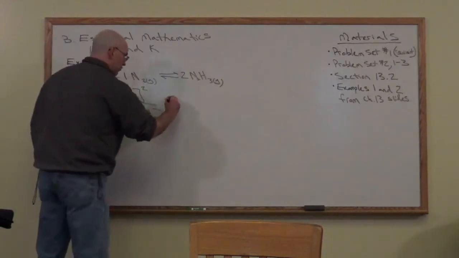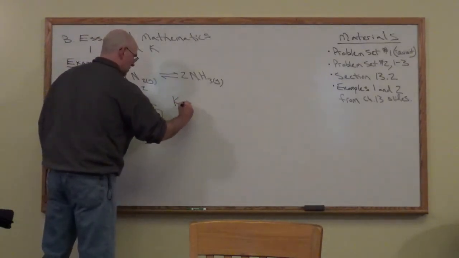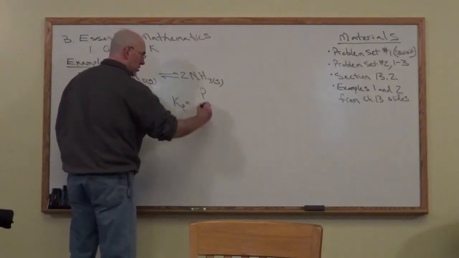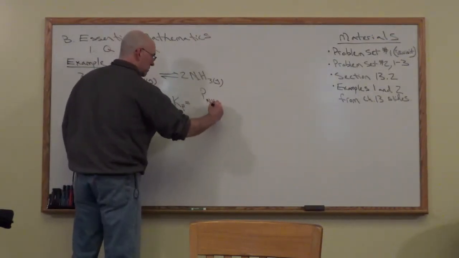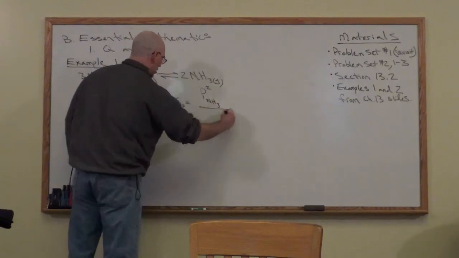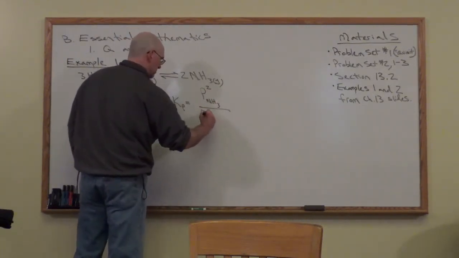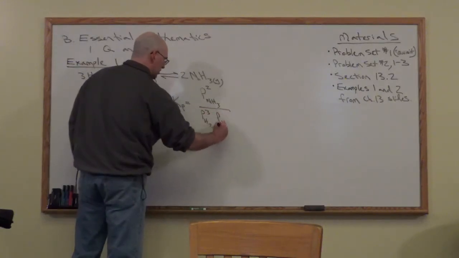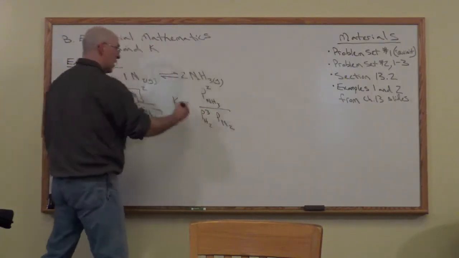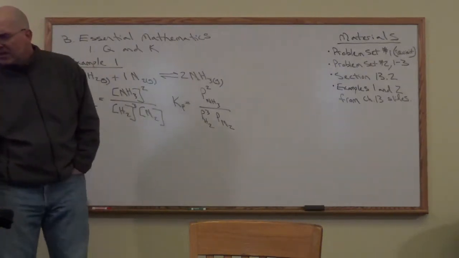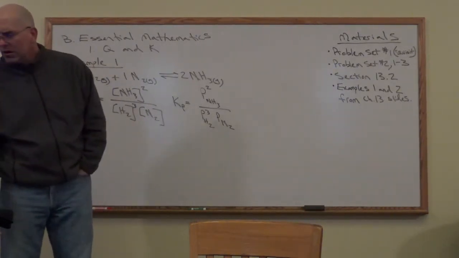We could also use pressures. So it would be the partial pressure of ammonia squared over the partial pressure of hydrogen cubed and the partial pressure of nitrogen. So either one of those would work. And in this problem, you're given the value.